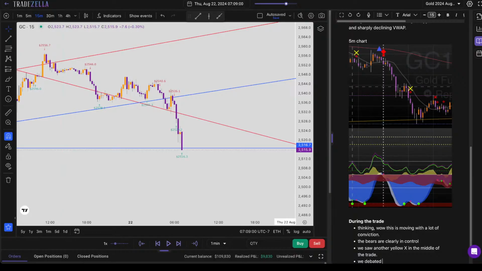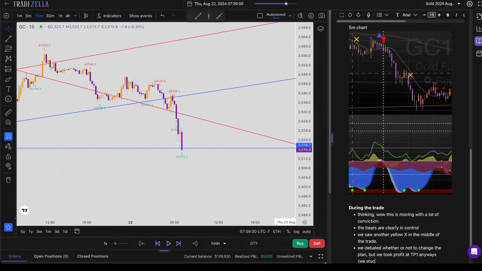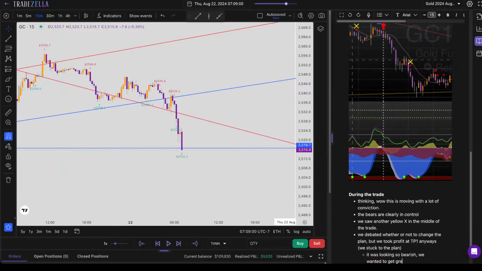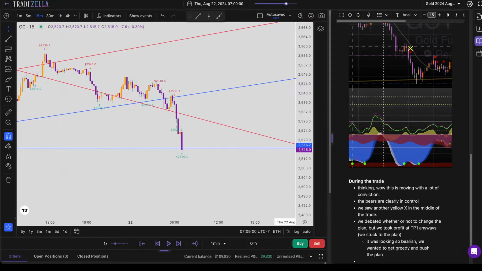We debated whether or not to change the plan, but we took profit at TP1 anyways. We stuck to the plan. This was because it was looking so bearish. We wanted to get greedy and push the plan, but we didn't. We stuck to the plan.